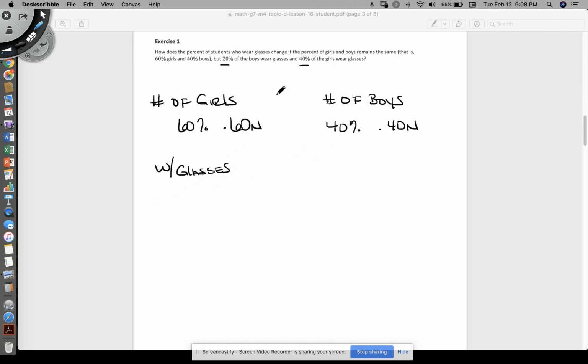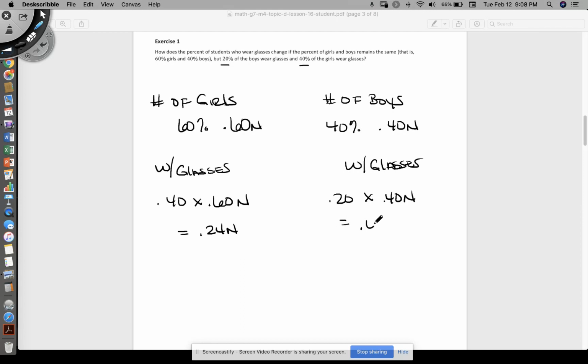So we're going to say the girls are now 40%. So I'm going to say 0.40 times 0.60n gives me 0.24n. And we're going to leave it like that for now. All right, the boys' side with glasses. So the boys now have 20%. So we're going to say 0.20 times 0.40n.